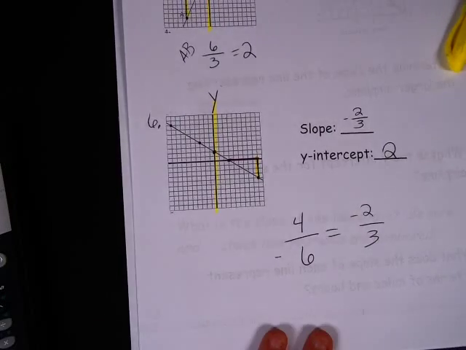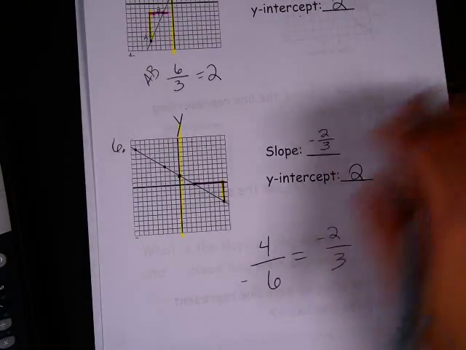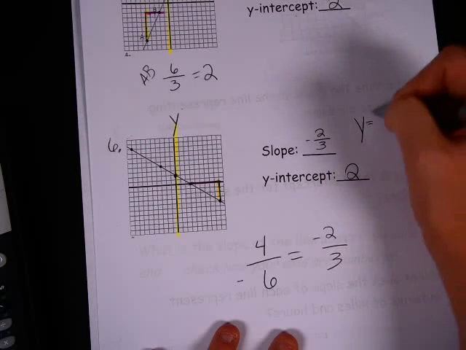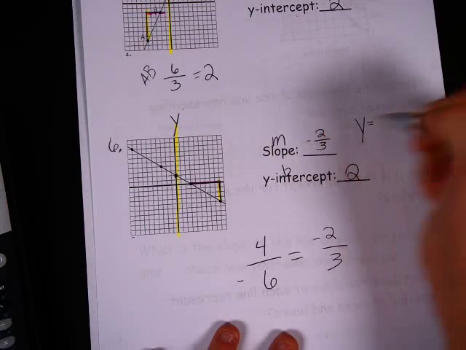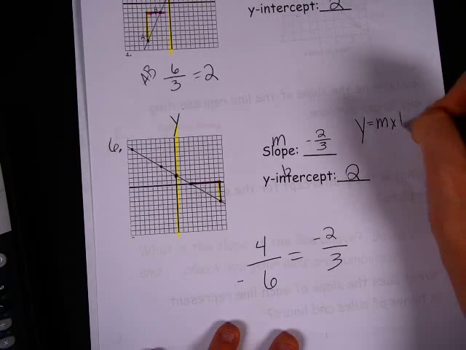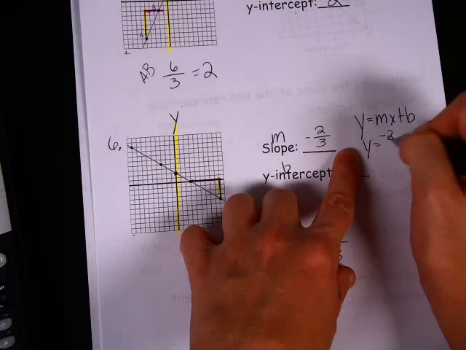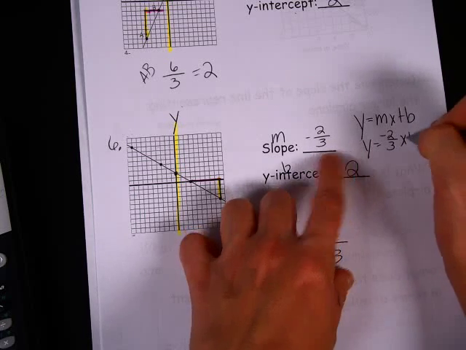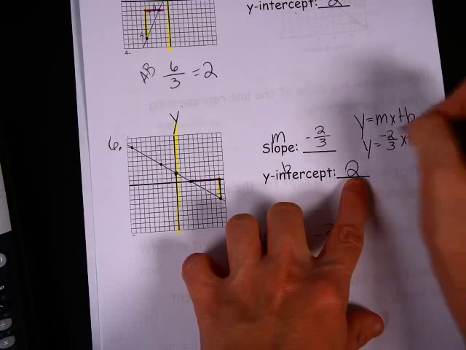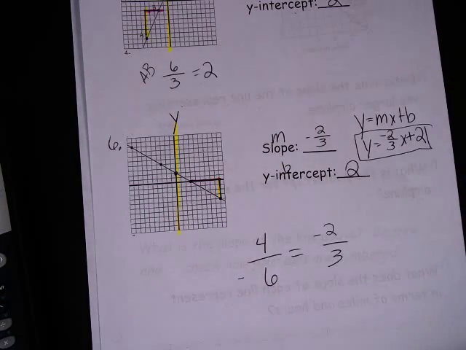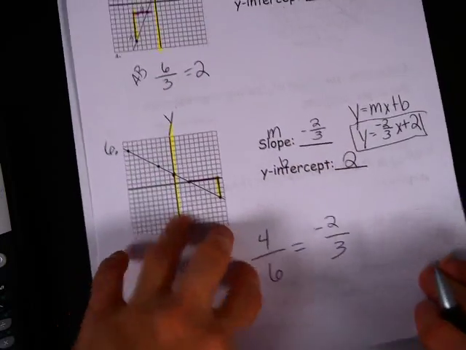Now, it doesn't ask me to on this question, but I could put it in y-intercept form. Remember, because this was m, this is b. mx plus b. I could put it in as y equals negative 2/3 x plus 2. It doesn't ask me for it, but we have all the information and we have practiced this.